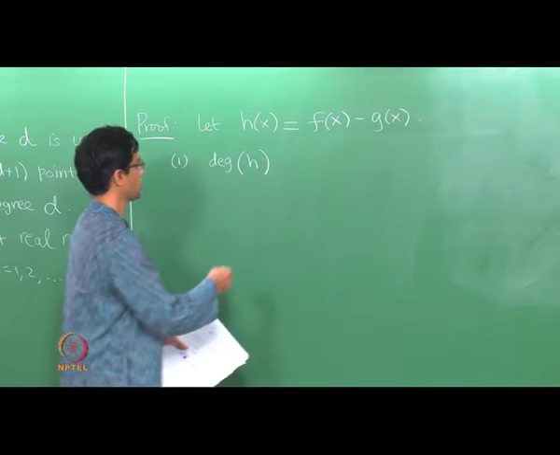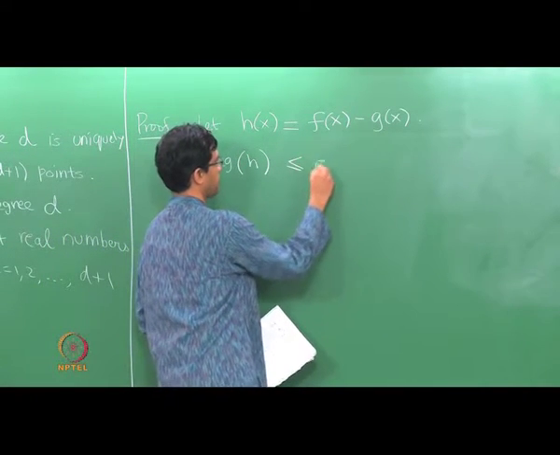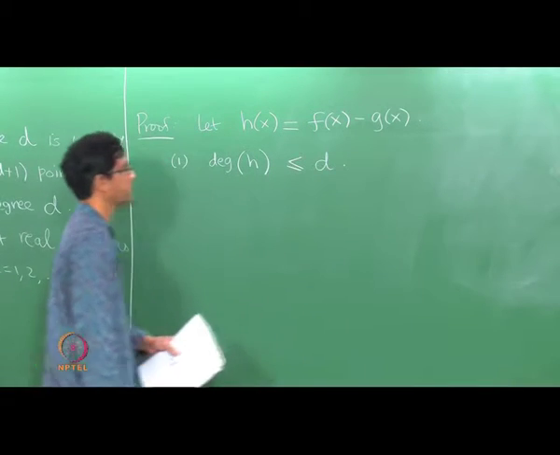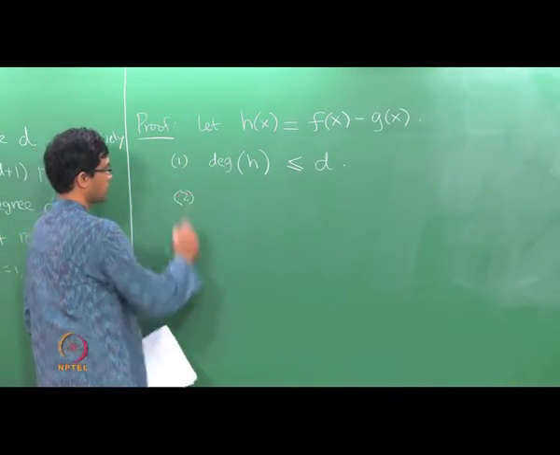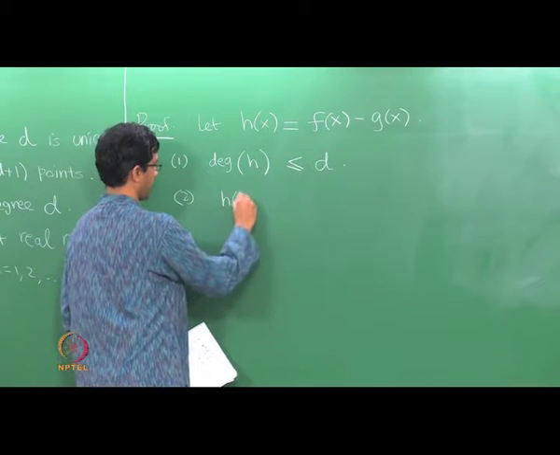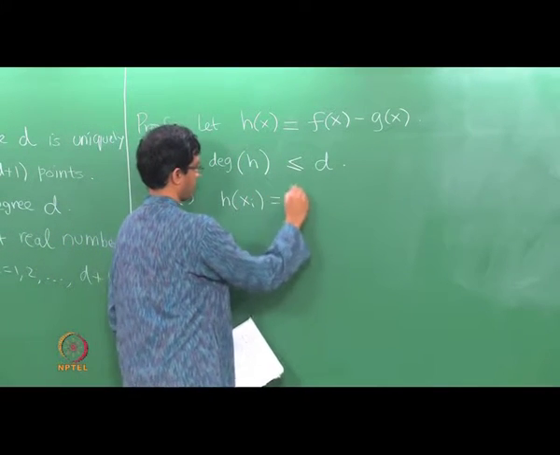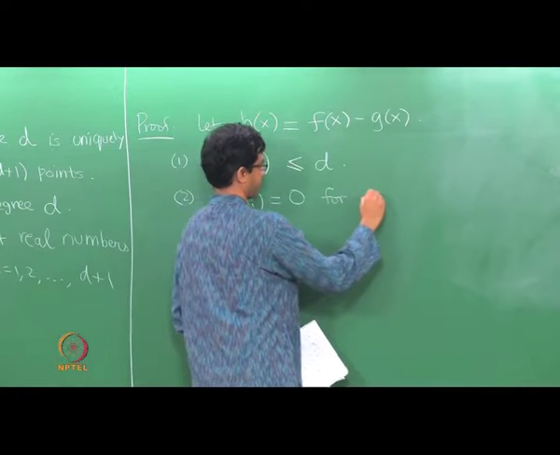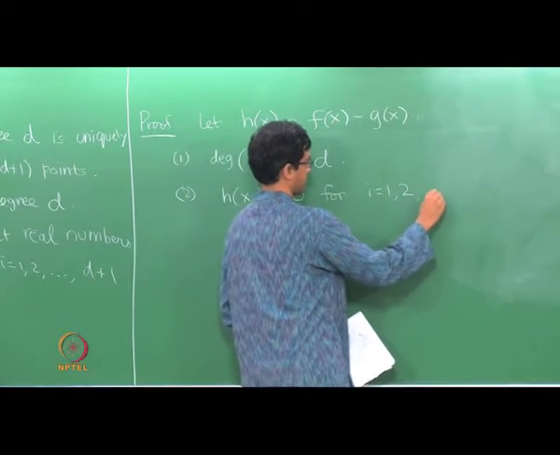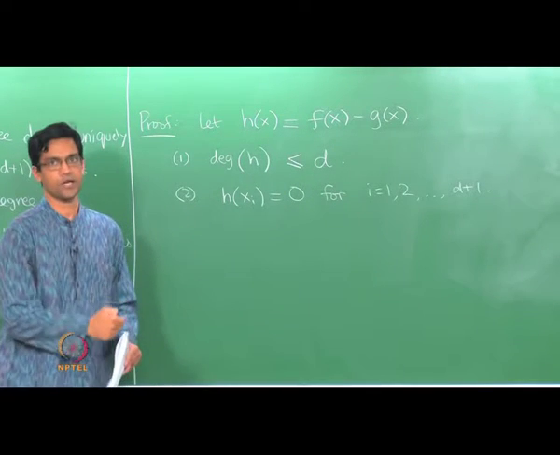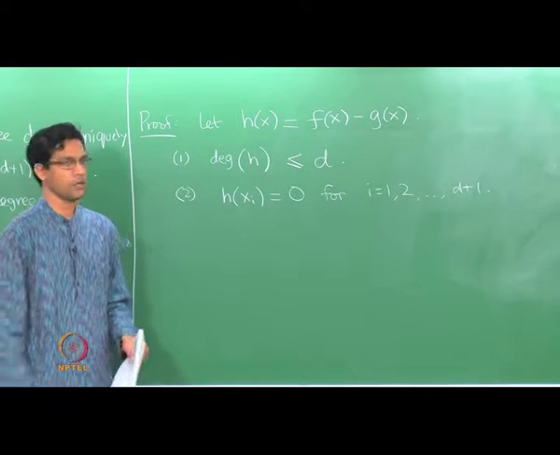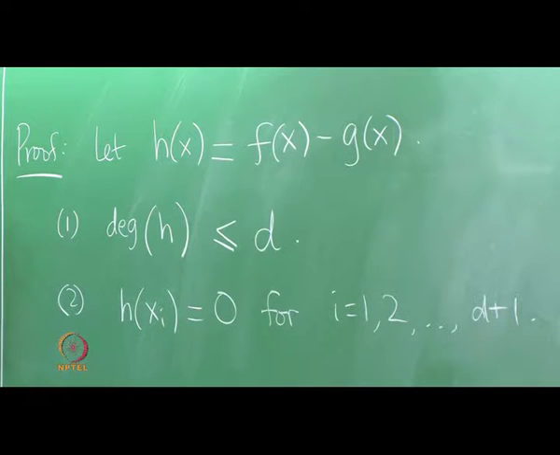So, let us just be content with the following: the degree of h is at most d, less than or equal to d. That is statement 1. Statement 2 is that h vanishes at these d plus 1 points x1, x2 till xd plus 1.